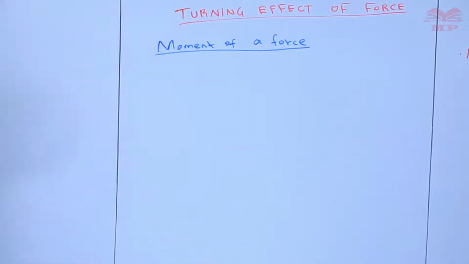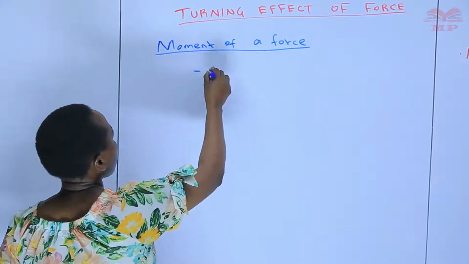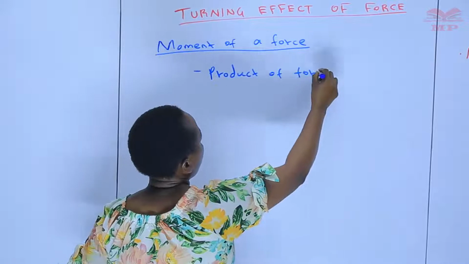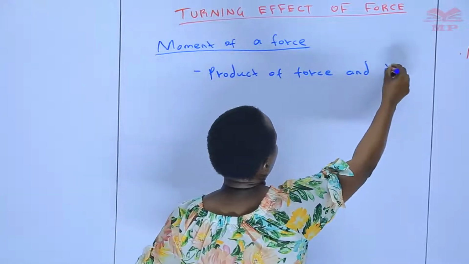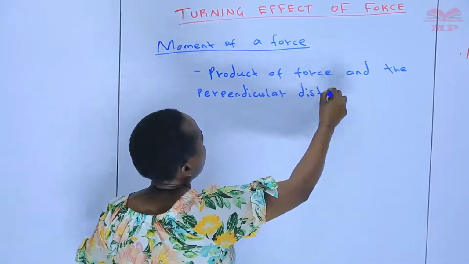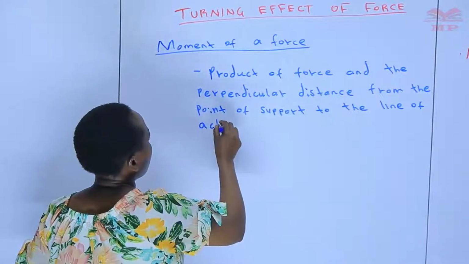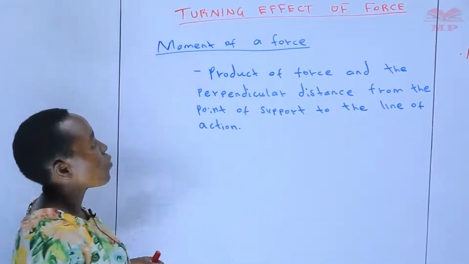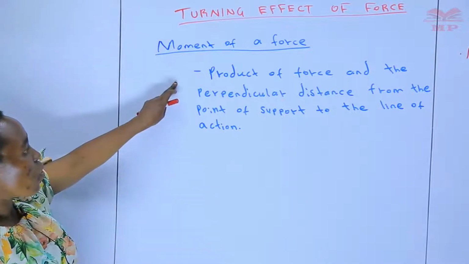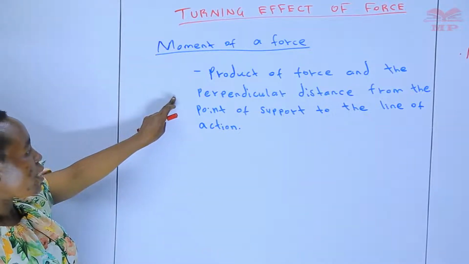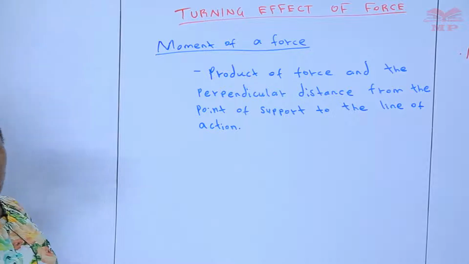Now, moment of a force. We defined moment of a force as the product of force and the perpendicular distance from the point of support to the line of action.